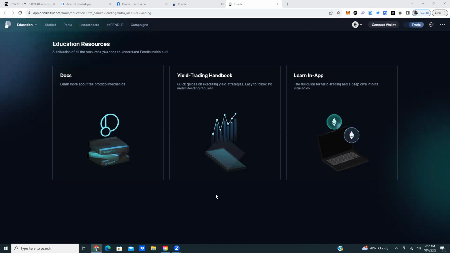So there's a collection of research you need to understand Pendle inside out. They have the docs where you can learn more about the protocol mechanics. They have the yield trading handbook and Learn in App, a full guide for your yield trading and a deep dive into its intricacies. Which one do I want to learn first? Let's go check out the docs.